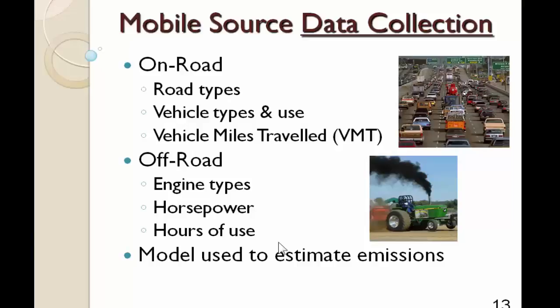But EPA does recommend a model called MOVES for on-road emissions and NONROAD for non-road emissions. And right now, we don't have the training and the time to get such training to run such models for you.